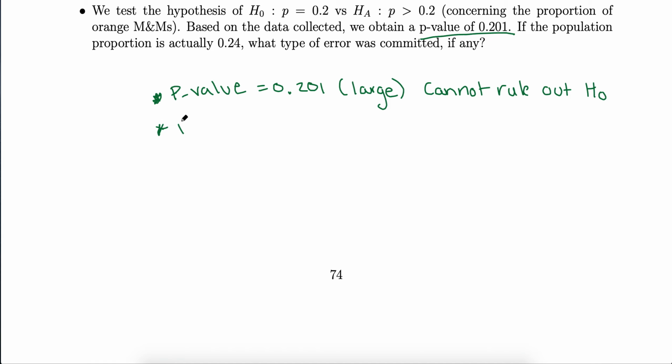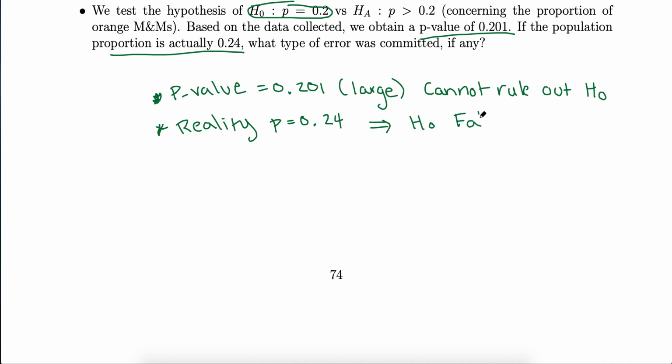Let's check out reality. They tell us if the population proportion is actually 0.24, so reality, p equals 0.24, check out our null. Up here, our null says it's 0.2, so in reality, the null is false. It's really 24%.